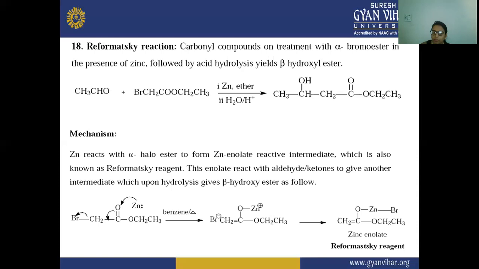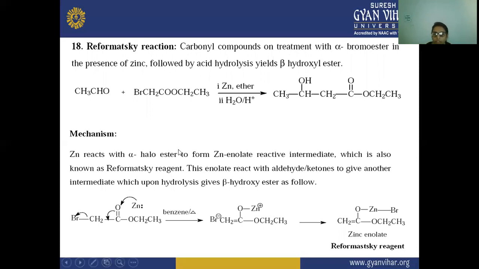So this is your alpha bromoester, and in the presence of zinc followed by acid hydrolysis, the zinc is a catalyst that is occurring here. By the help of the acid hydrolysis, there is a yield of the beta hydroxy ester.